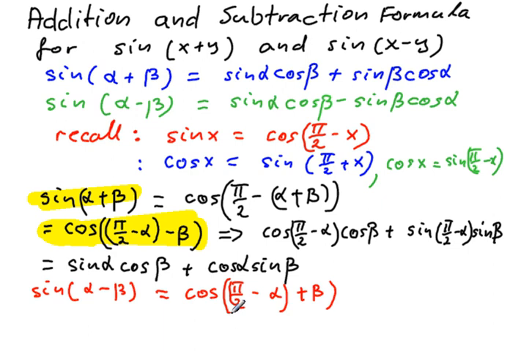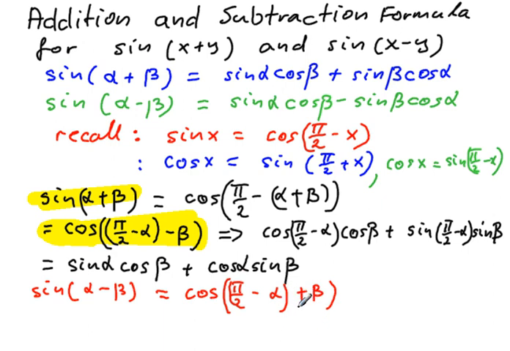So you would start with pi over 2 minus, in brackets, alpha minus beta. Then you would distribute the negative sign and regroup. You would combine pi over 2 with alpha and keep beta by itself.